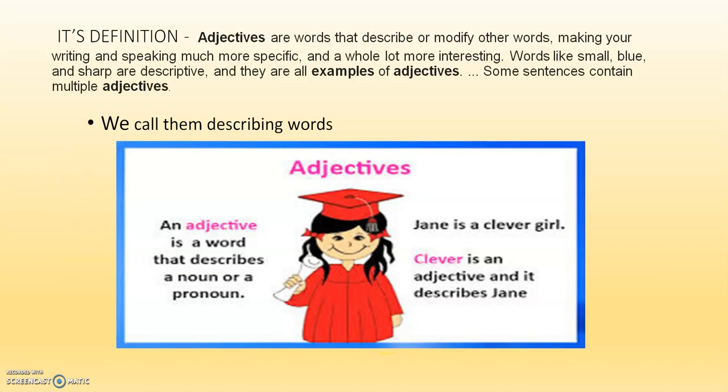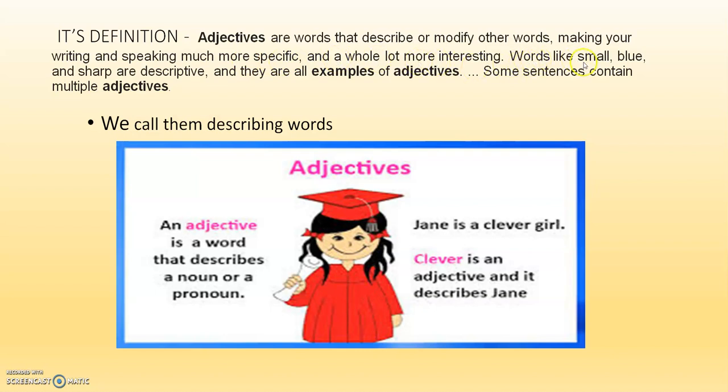So, let us begin. First, what are adjectives? Adjectives are words that describe or modify other words, making your writing and speaking much more specific and a whole lot more interesting.